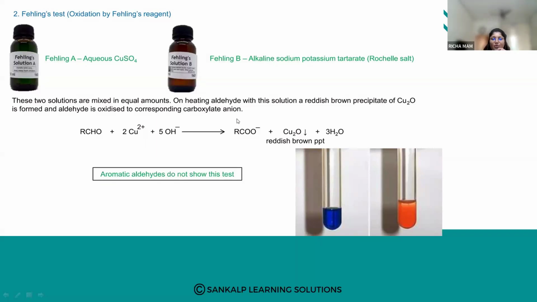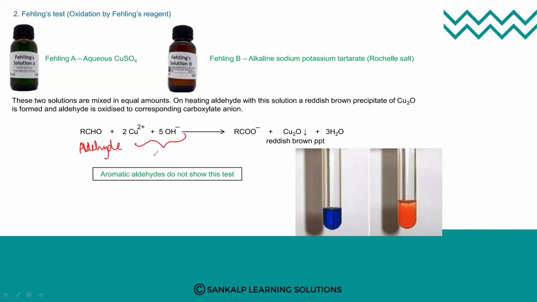Now what are we going to do? We are going to take the aldehyde and react it with Fehling's solution. What am I going to get? I am going to get a reddish brown precipitate, and the aldehydes are oxidized to carboxylate ion.